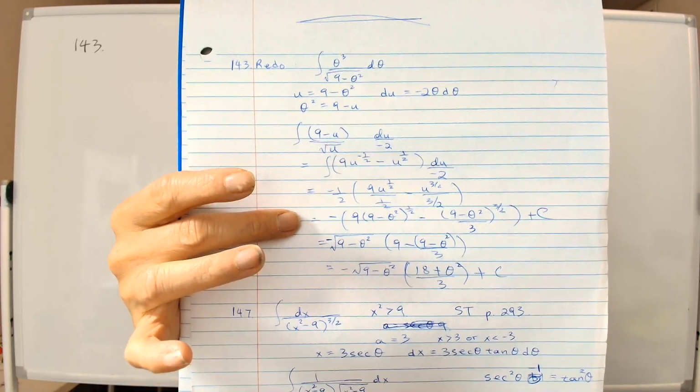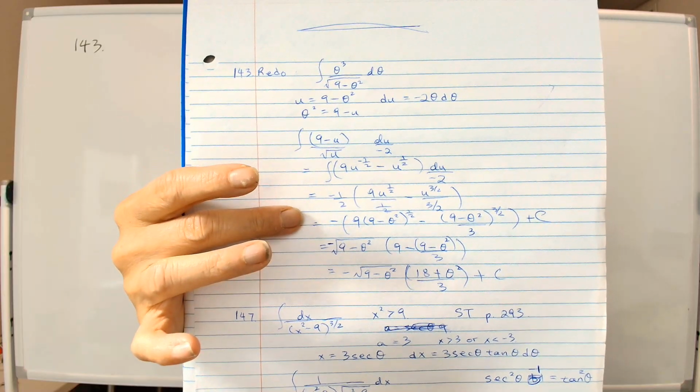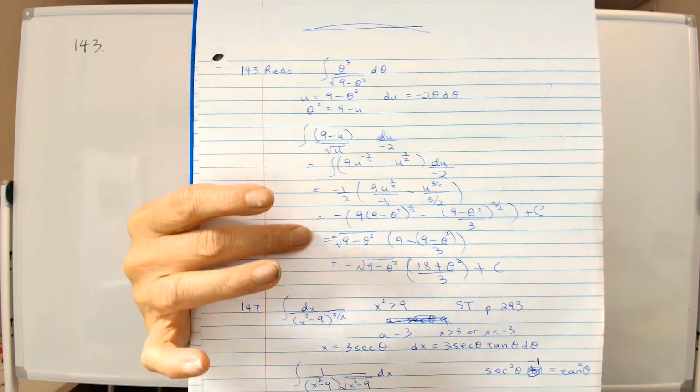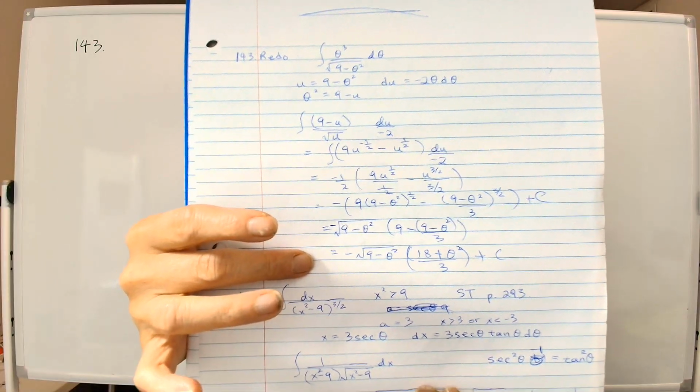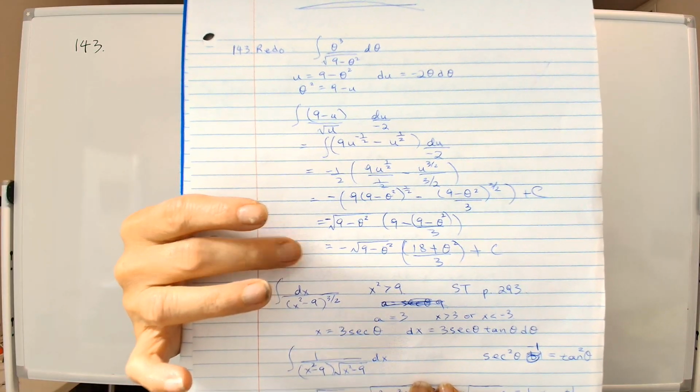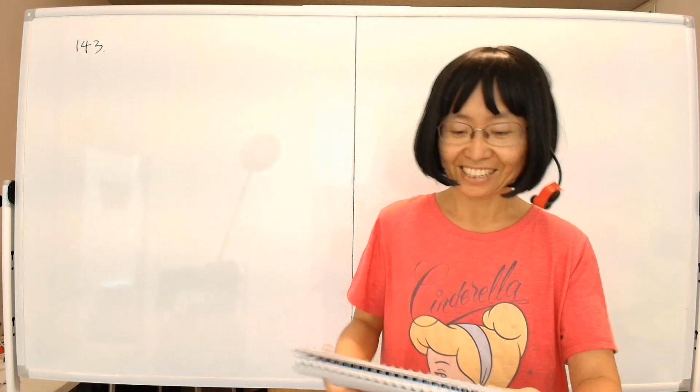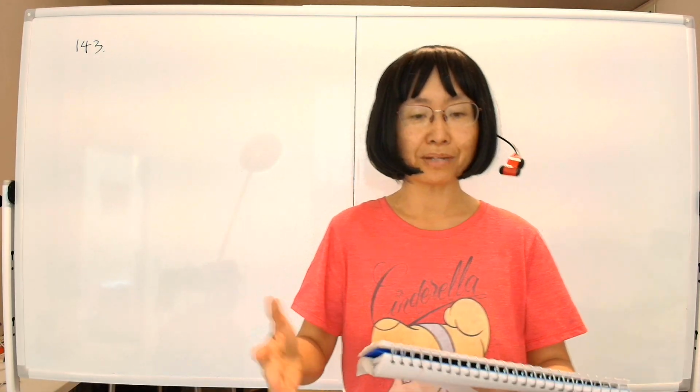And then you just plug it back in and you get the answer, which I cleaned up again here a little bit. It's the same cleanup, I believe. Yeah, and then got the right answer in about half the space that it took the trigonometric method.